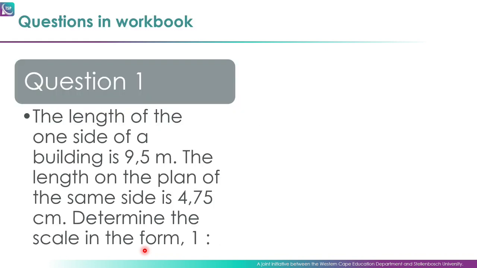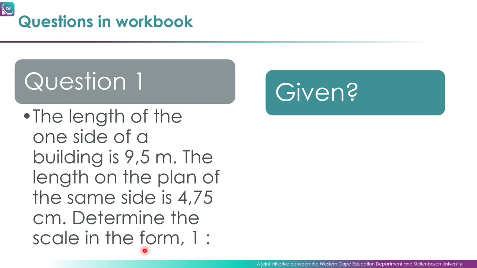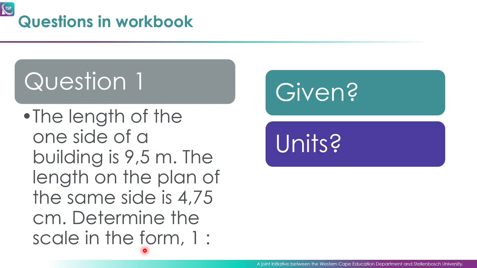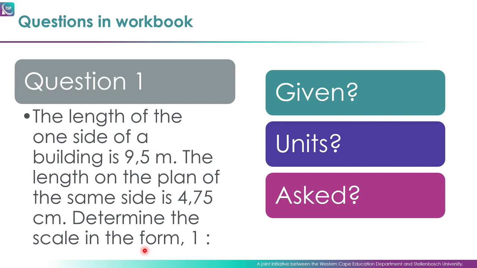So the first question says, the length of one side of a building is 9.5 meters. The length on the plan of the same side is 4.75 centimeters. Determine the scale in the form 1:2. Now, we always ask ourselves, what is given, what are the units, and what is asked?